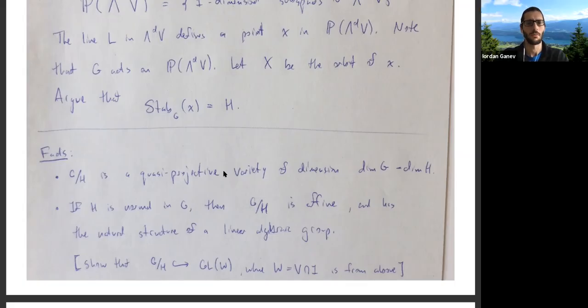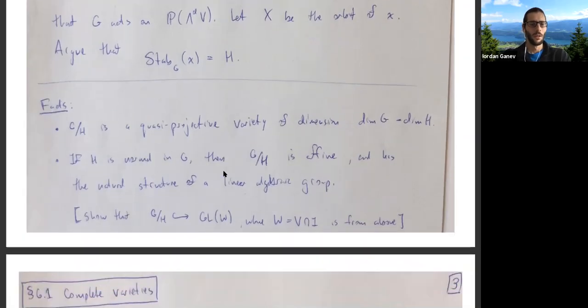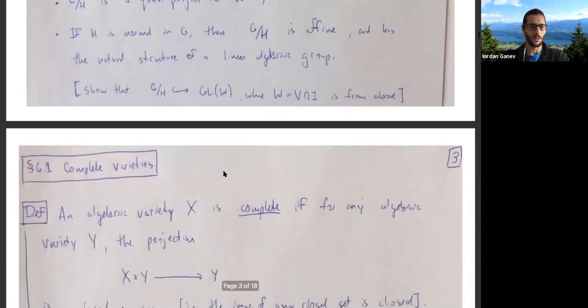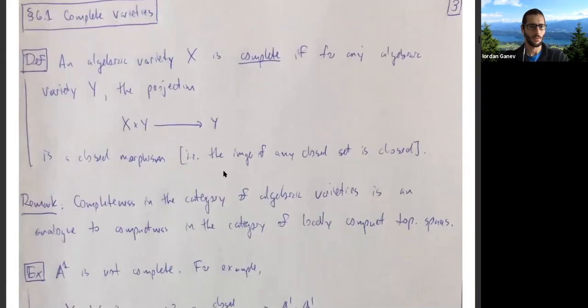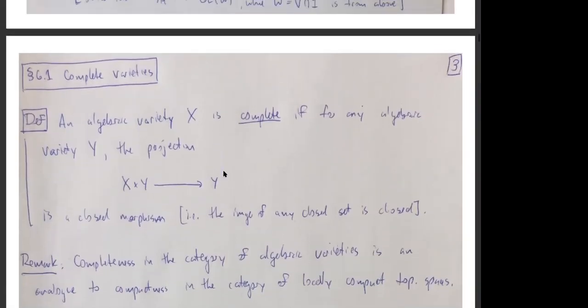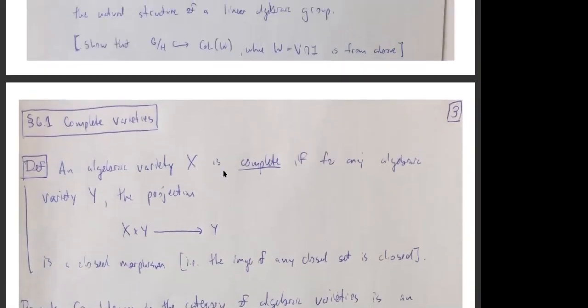Maybe it'll become clear. Okay, any other questions? Yes, can I ask about the definition of compact as a variety? Because I know that quasi-compact is what you use for open covers.